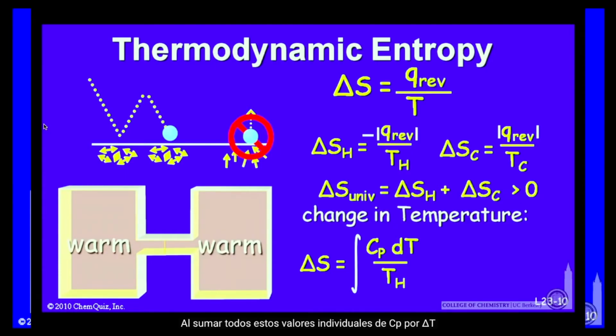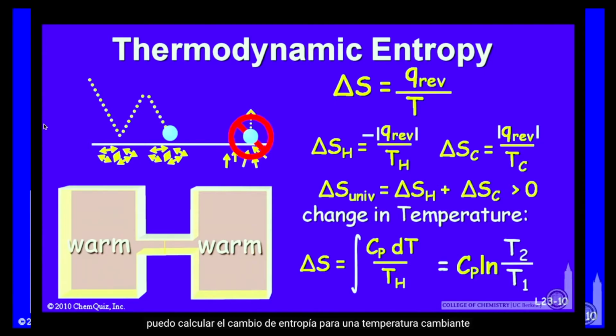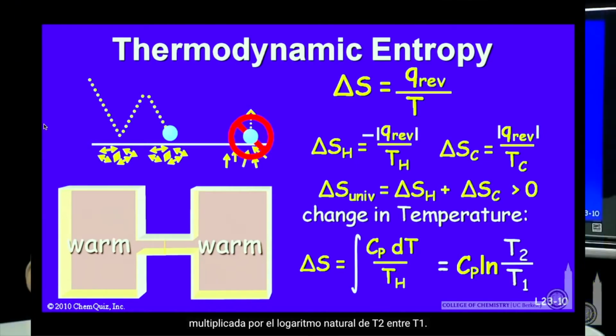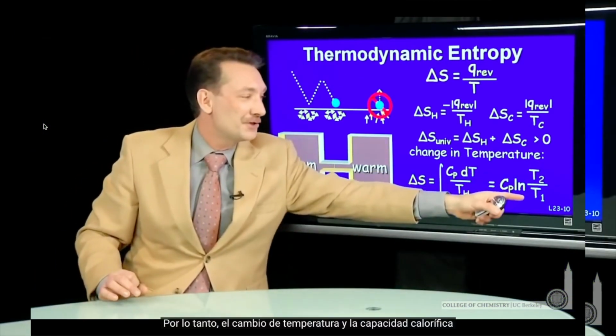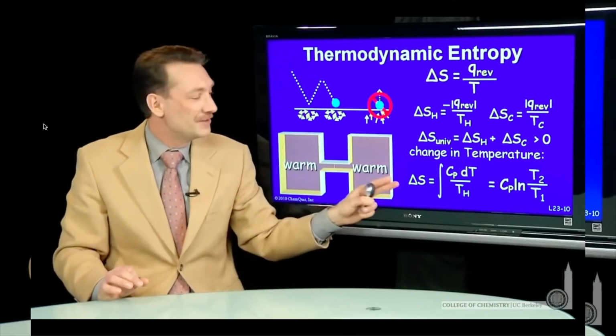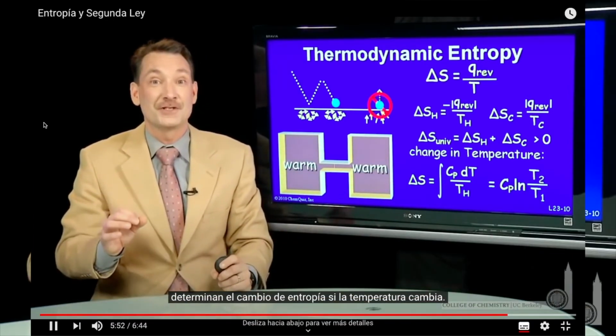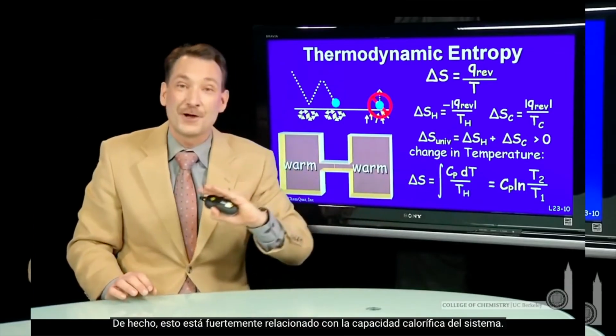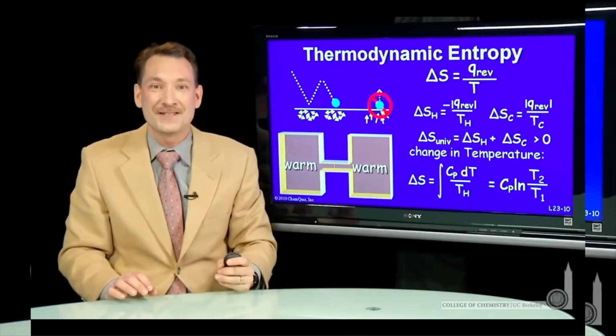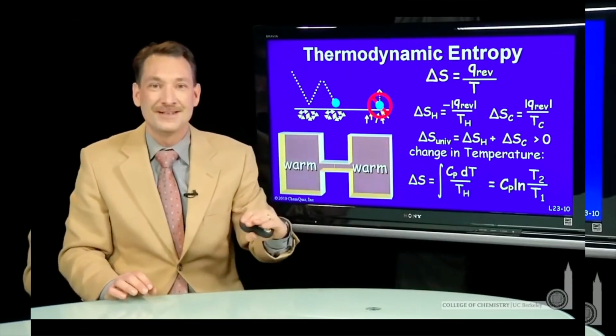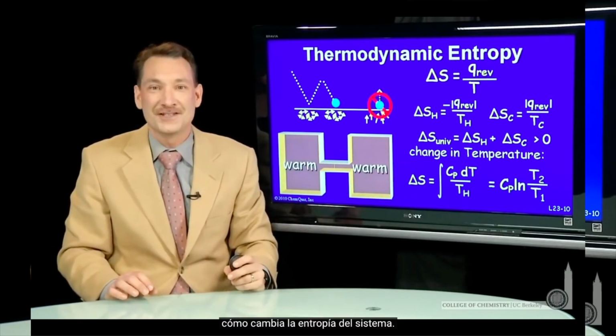Adding all those individual Cp delta T's, I can calculate that the entropy change for a change in temperature is the heat capacity times the natural log of T1 over T2. So the temperature change and the heat capacity determine the entropy change if the temperature changes. It's very strongly related to the heat capacity of the system, which determines how the entropy changes.